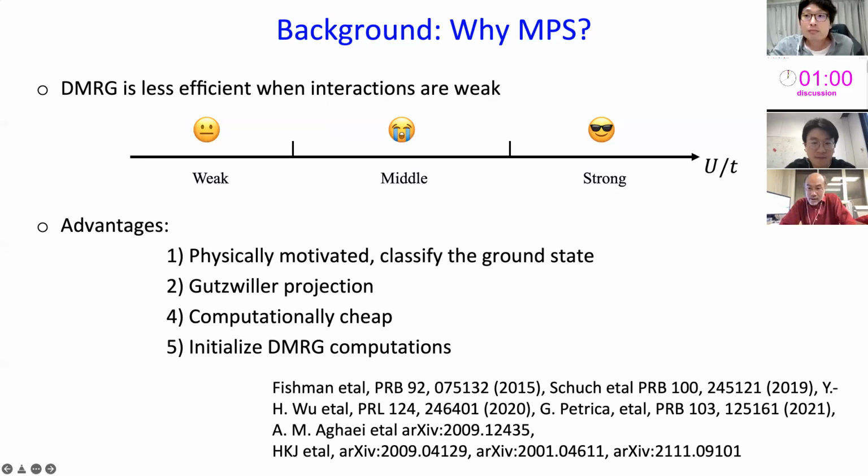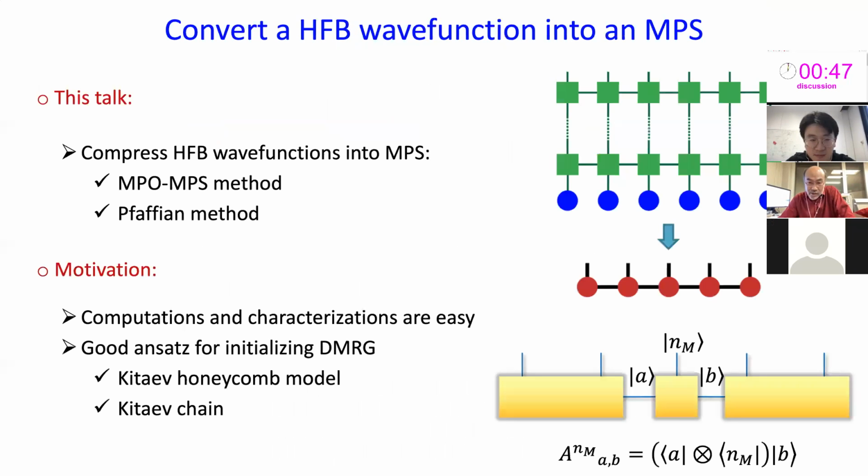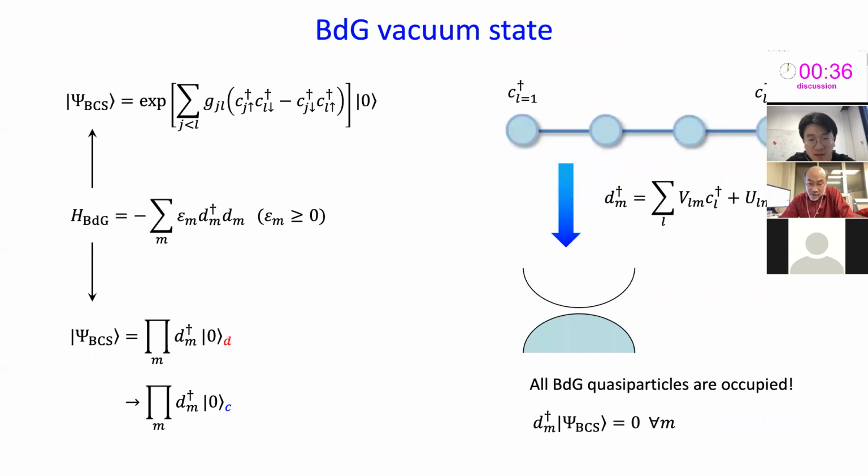Okay. Is there any other question? Okay. I have one. So when you create a Bogoliubov vacuum, you have assumed that the system is open boundary. Is it possible to perform the same sort of operation for a periodic system under the periodic boundary condition?